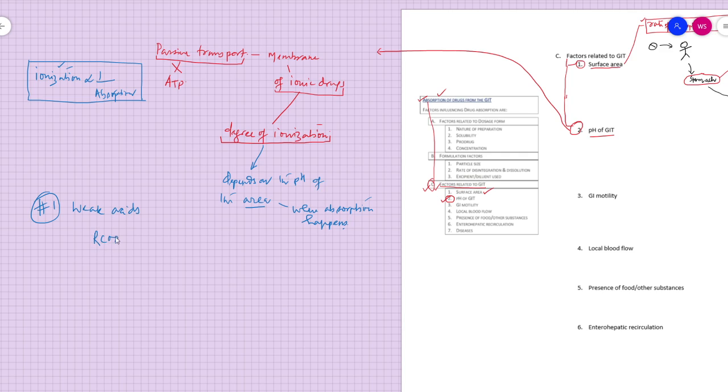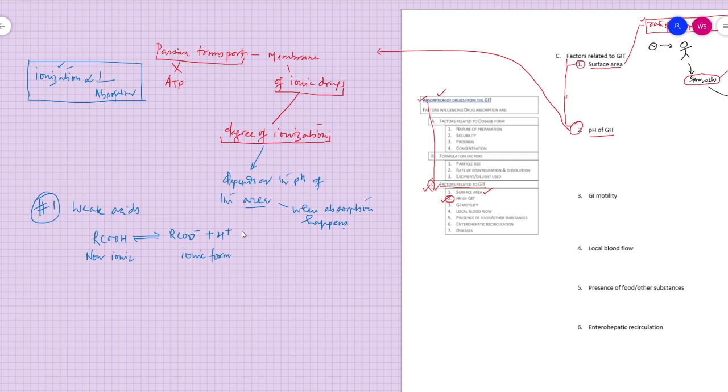The general formula would be this, and a weak acid would be in equilibrium like this. A weak acid would exist in its ionic form as well as the non-ionic form. This is non-ionic, and this is the ionic form.